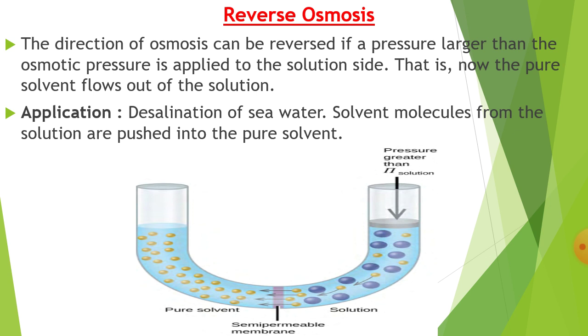Solvent molecules from the solution are pushed into the pure solvent. Look at the diagram. On your right side, pressure greater than pi is applied. So the solvent molecules, which you see as yellow circles or spheres, move from the solution to the pure solvent side.